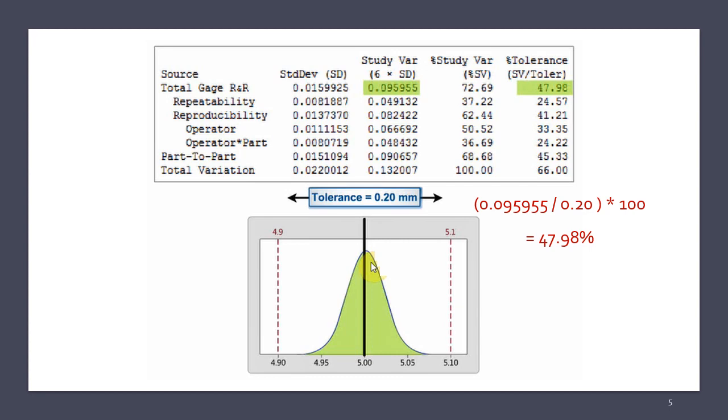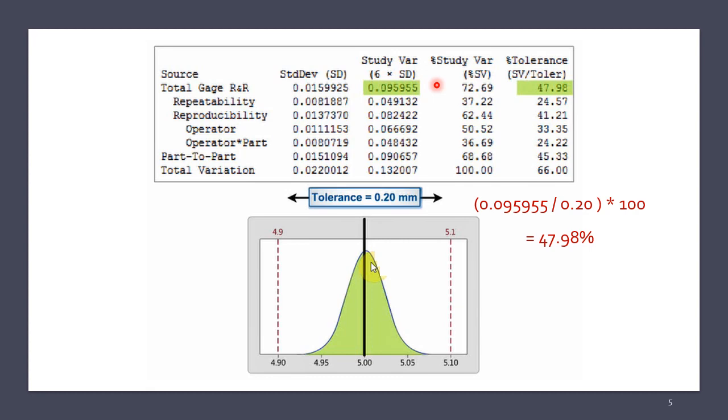Based on the gauge R&R output, the total gauge R&R study variation for the PCBA viewer measurement tool is about 0.096.